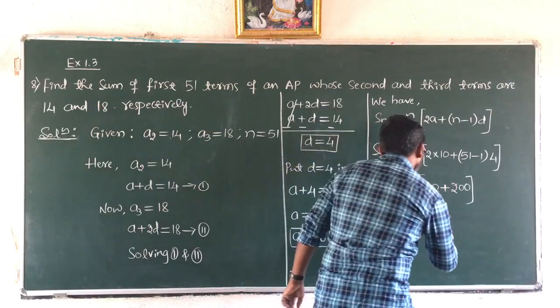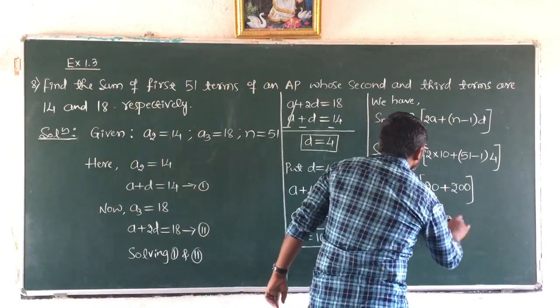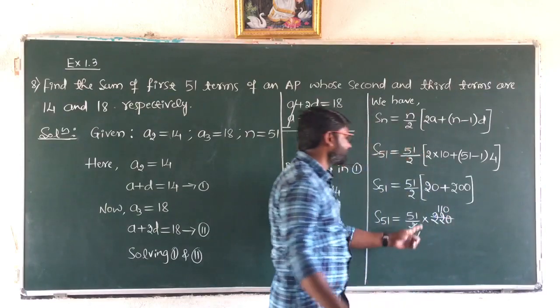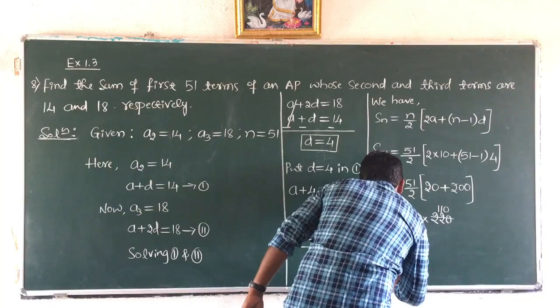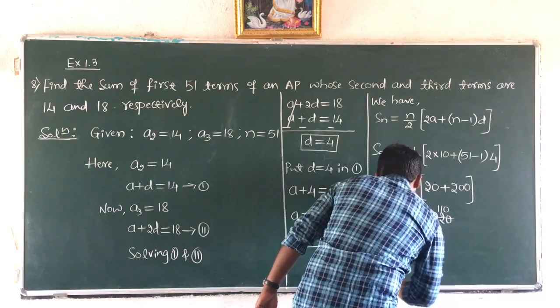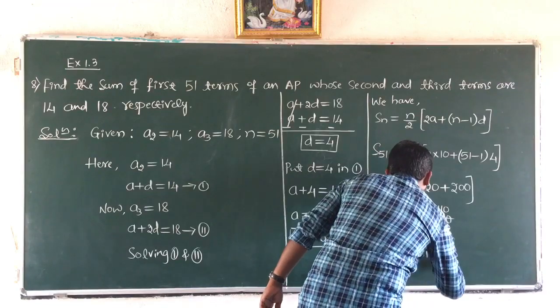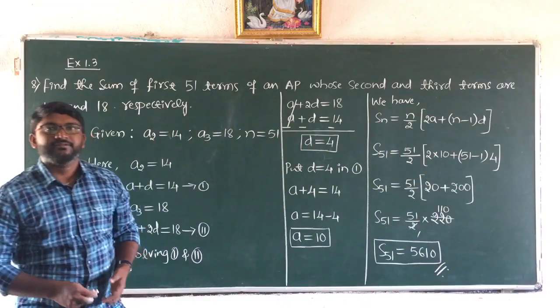If you add these two, we get 220. So now 2 ones are 2, 1, 1, 0. So now 51 into 110 it is 5610. So S51 which is equal to 5610. So this is the answer for the 8th problem. So pause the video to note it down.